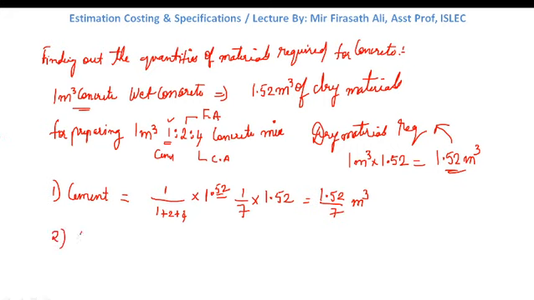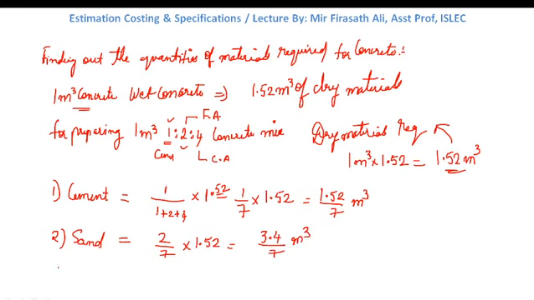Similarly, the sand required: fine aggregate is 2 by 7 into 1.52, that is 3.47 meter cube.